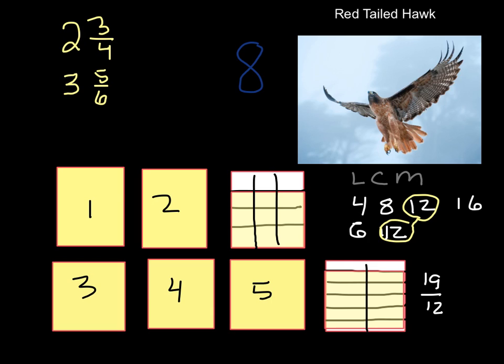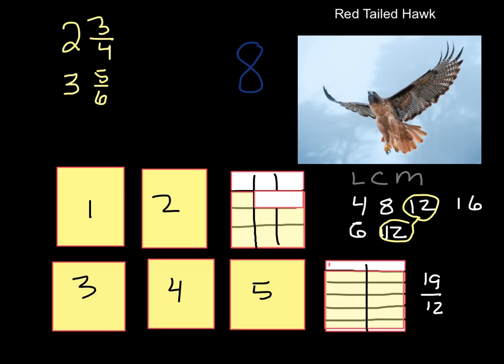The reason it's improper is that I can take a few of these parts here, put them up here, and fill in this whole one right here. Or I could move them from this down here. So what I'll do is actually do that. I'm going to get rid of 2 of these, cross these 2 out and take them away. Then I'm going to put them down here, and watch how well that works.